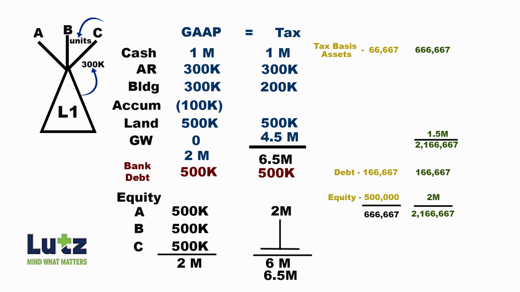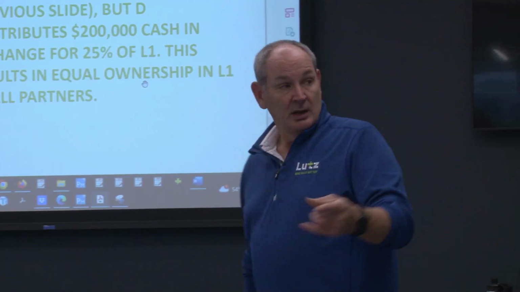What percentage of the entity sold? A third. A third of 4.5 million, shamefully, that I didn't know, is 1.5 million. And this procedure, this proof, shows you how you get there. So let's compare and contrast for a second.